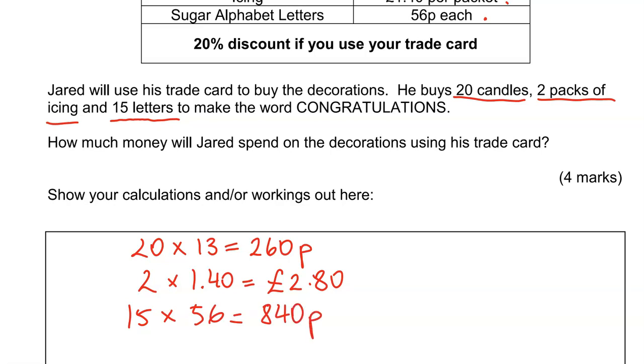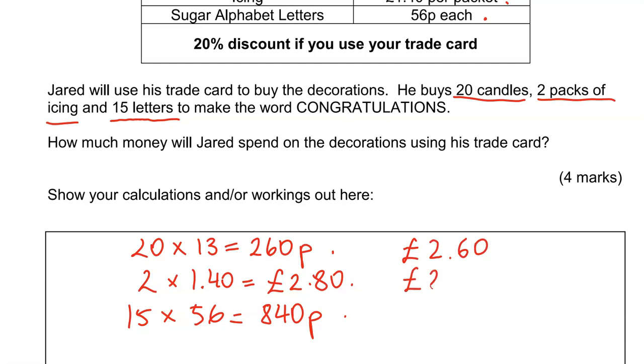So we've got pence and pounds. We've got to convert them so that they match. So 260 pence, that is £2.60.